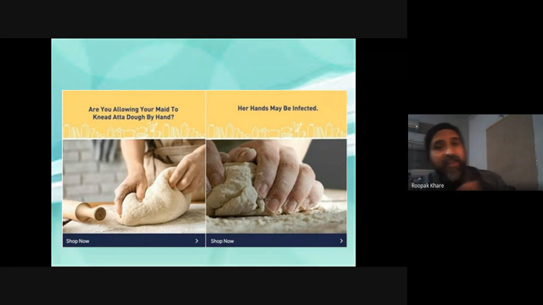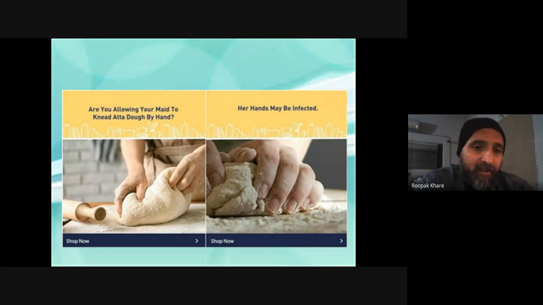So they want to say that if you have a domestic help who cooks food for you at your place, may not be clean. So rather than employing people who can be doubted for their cleanliness, you should actually deploy a machine which kneads dough for you.